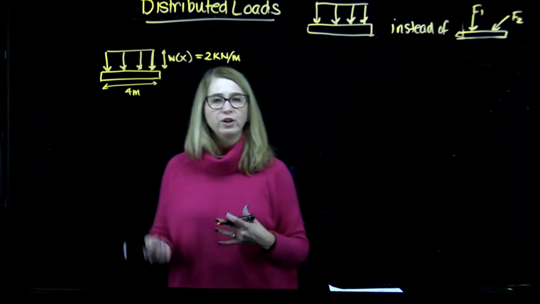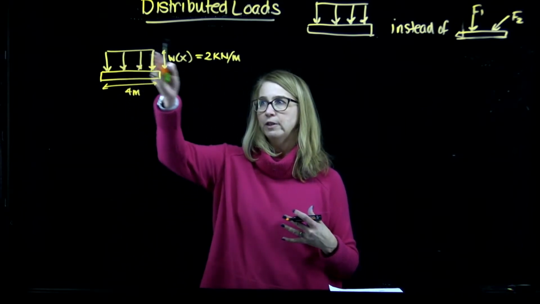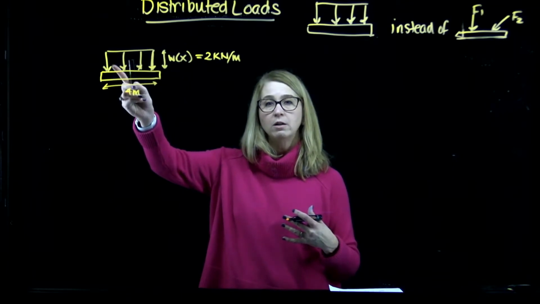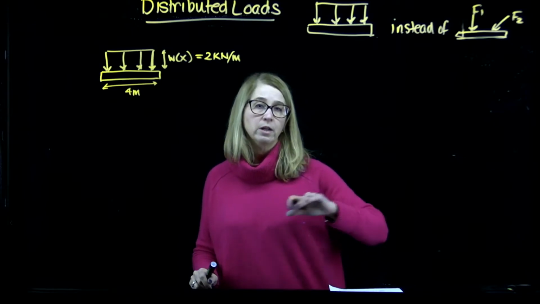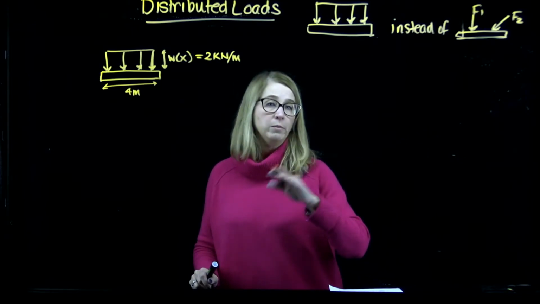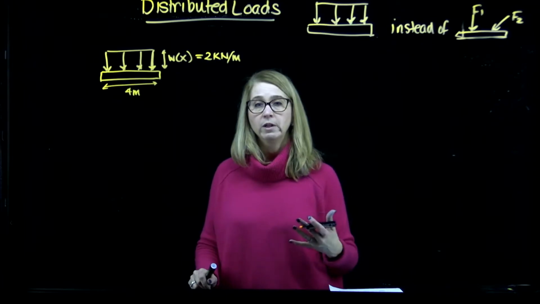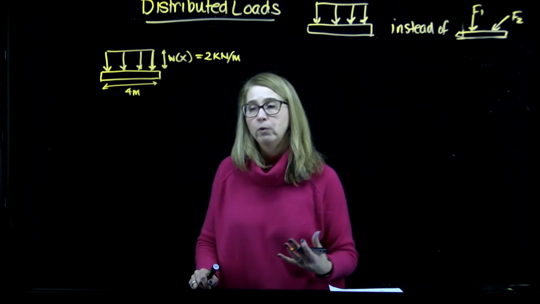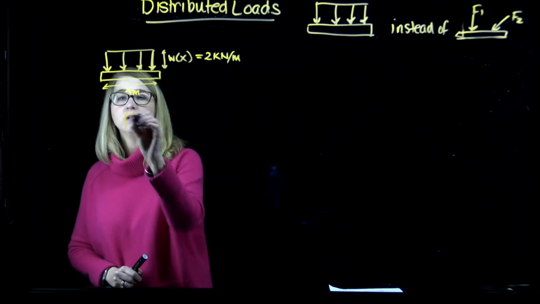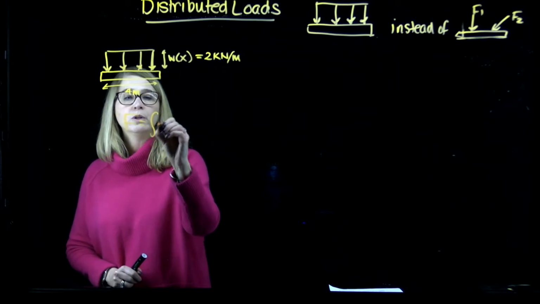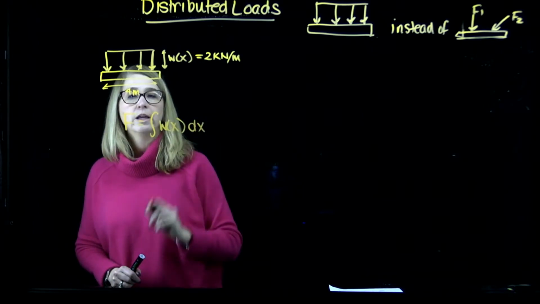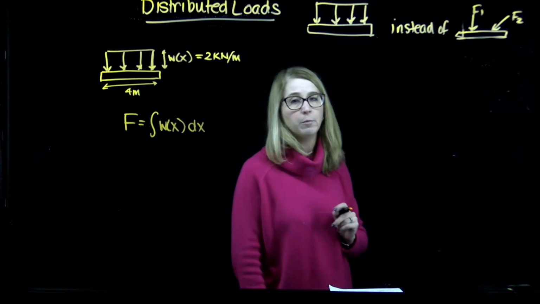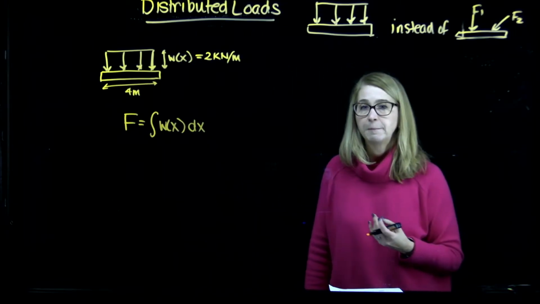In a more general way, when allowing for the case that perhaps our loading function isn't a straight horizontal line, maybe it's an incline, or maybe it's some sort of curve that we were given a functional relationship for, how do we find the force? The force is going to be equal to the loading function integrated over the entire length of the beam, or where it's acting.